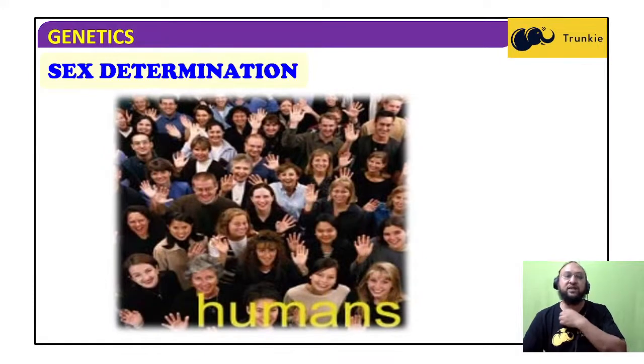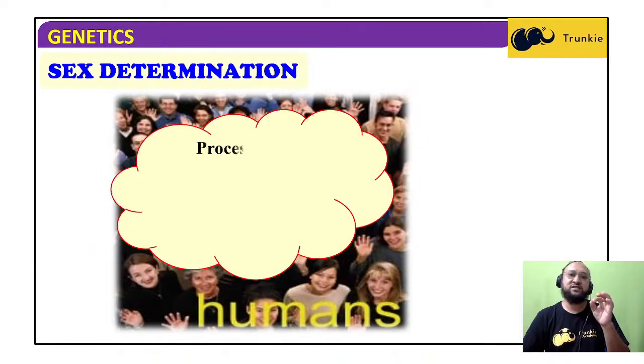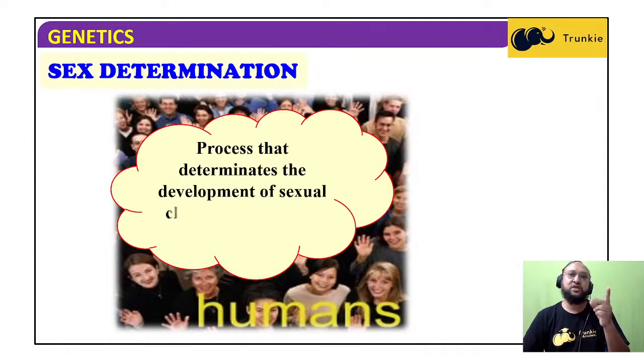Humans are the most highly evolved group of animals, with a high intelligence level, and in human beings the sex is determined by the XY chromosomes.